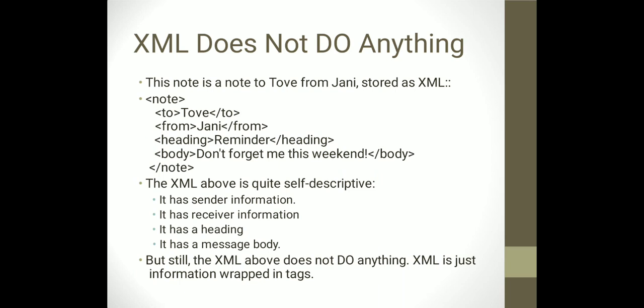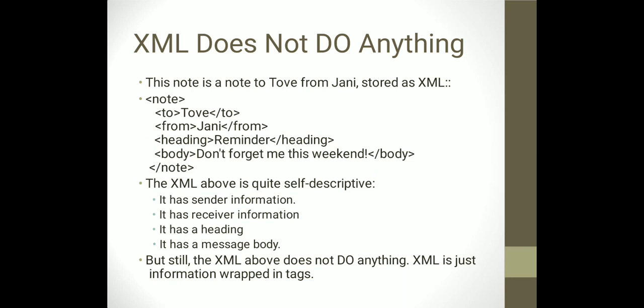So these are the things we have seen as the introductory part of XML, and how XML does not do anything to the script. Here it is given as a simple example of a note sent from one user to another, and we have used to and from in the example.